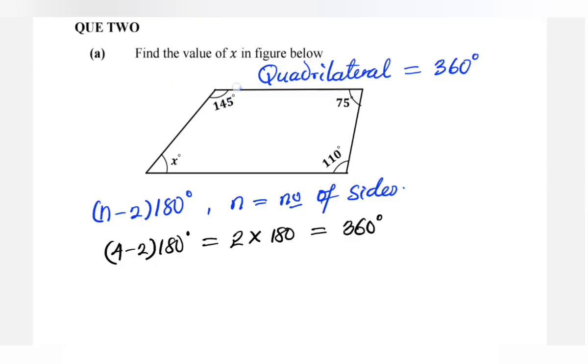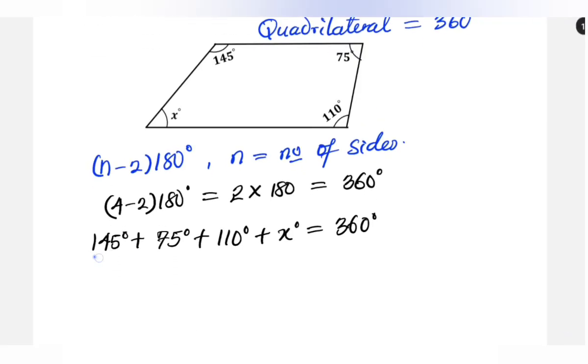So it means if you add all these angles together, it will give us 360 degrees. Let's do that. We have 145 degrees plus 75 degrees plus 110 degrees plus the variable x is going to give us 360 degrees.